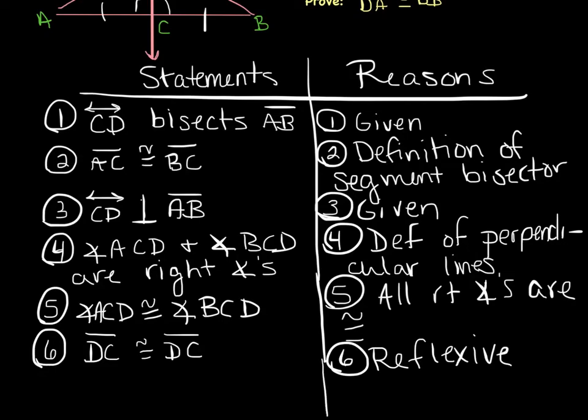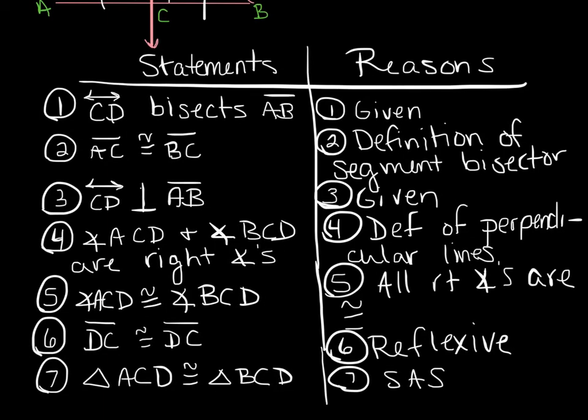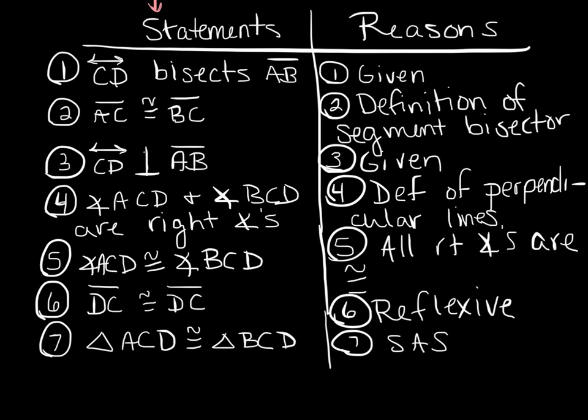Okay. And now, hey, wait a second, we have two triangles that are congruent. Triangle ACD is congruent to triangle BCD by side angle side. Now remember, that's not what we were trying to prove. We were trying to prove that DA is congruent to DB.